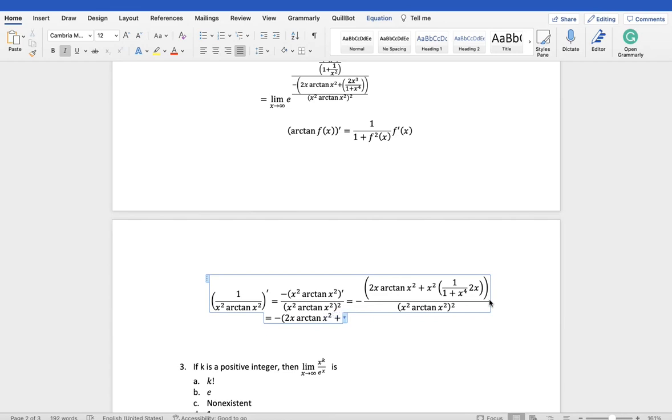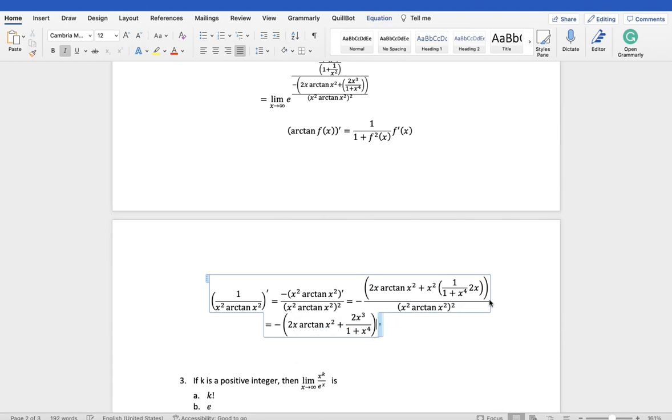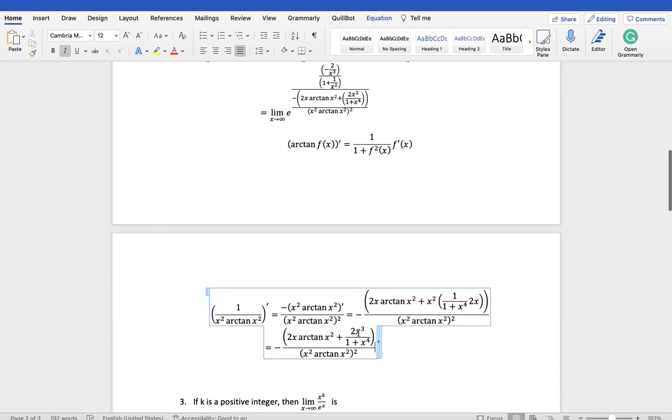Plus 2x cubed divided by 1 plus x to the 4, right? All divided by x squared times arctan of x squared, all squared. Okay, and that is what we had here. So does that make sense for everyone?